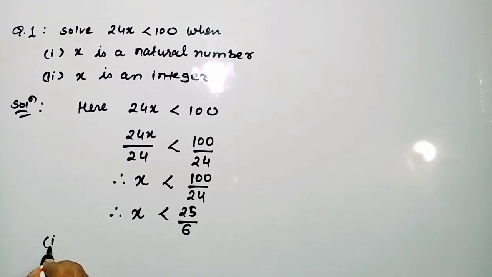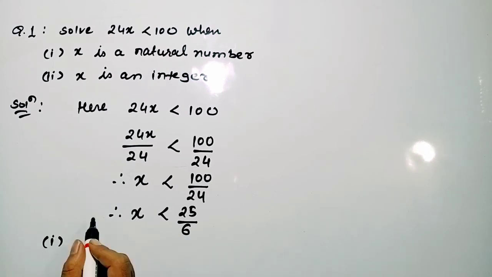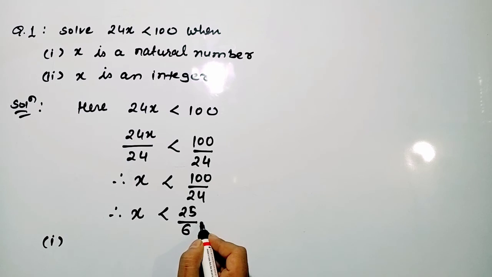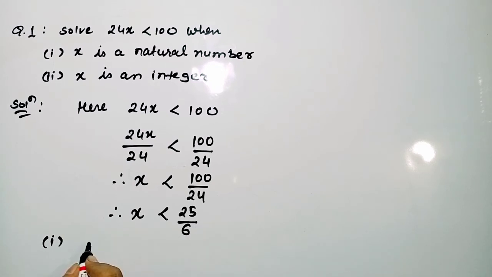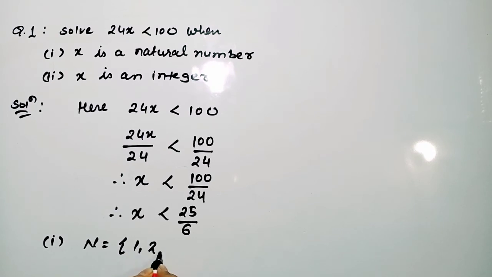If we divide 25 by 6, approximately we will get 4 point something. So we want natural numbers which are less than 4 point something, right? The natural numbers less than 4 point something are 4, 3, 2, 1. And the second is the solution should be an integer, means integers less than 4 point something.